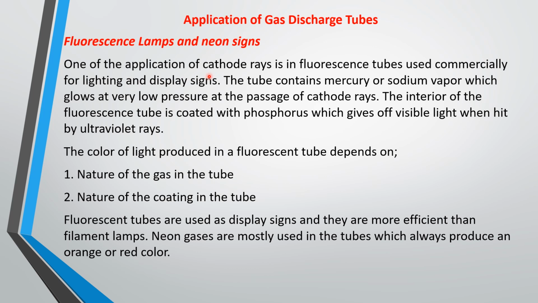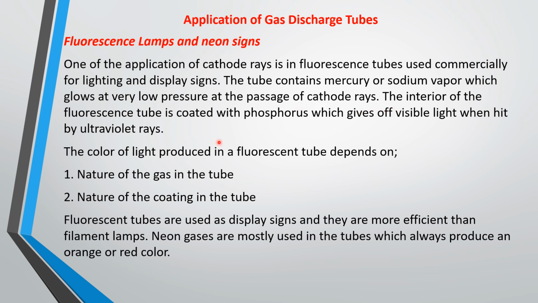One application of cathode rays is in fluorescent tubes used commercially for lighting and display signs. The tube contains mercury or sodium vapor, which glows at very low pressure at the passage of cathode rays. Don't forget, as we said before, that gases will conduct electricity under low pressure and high potential difference.